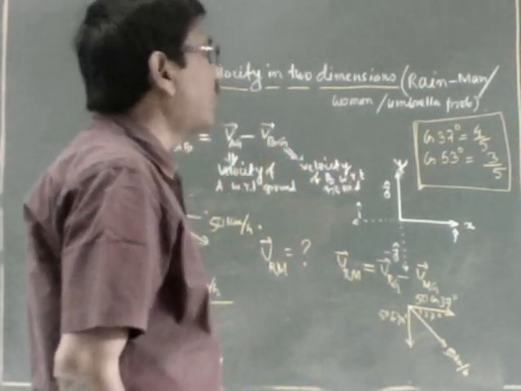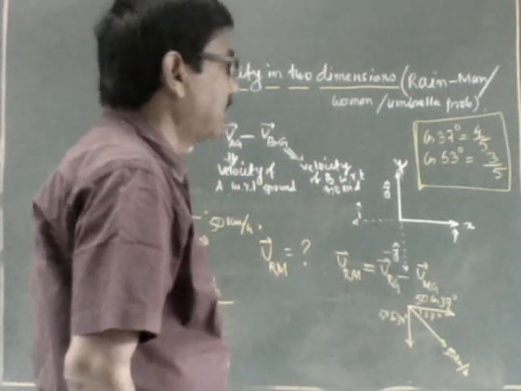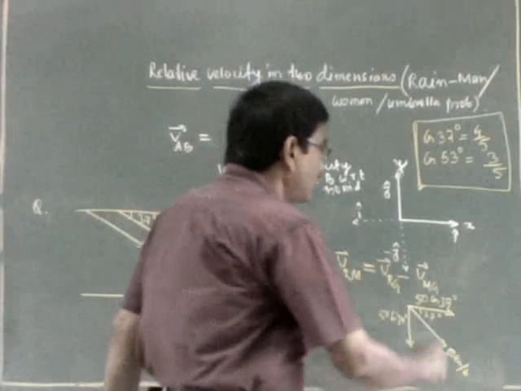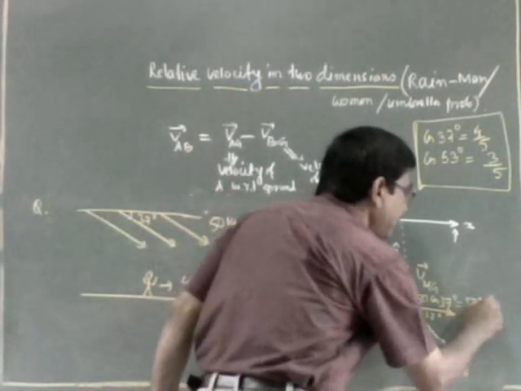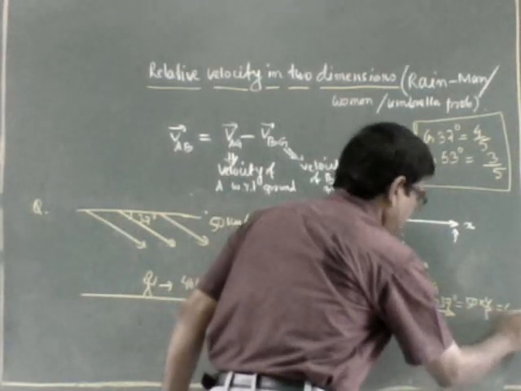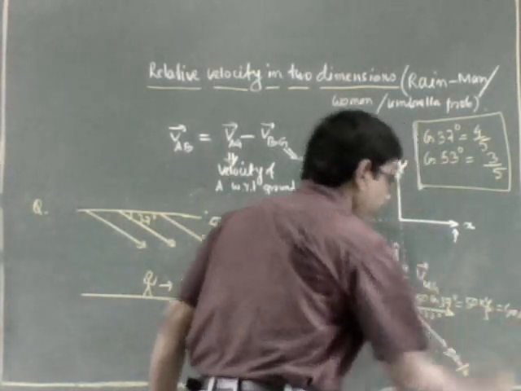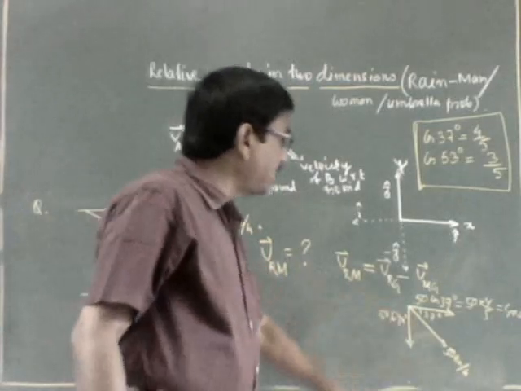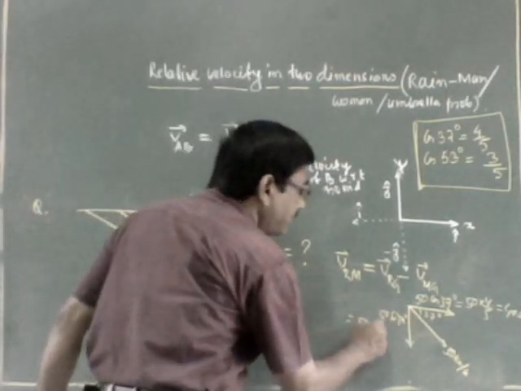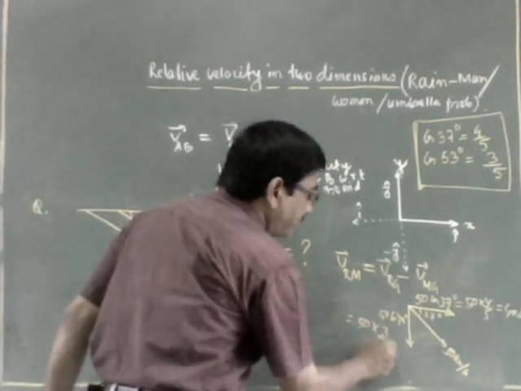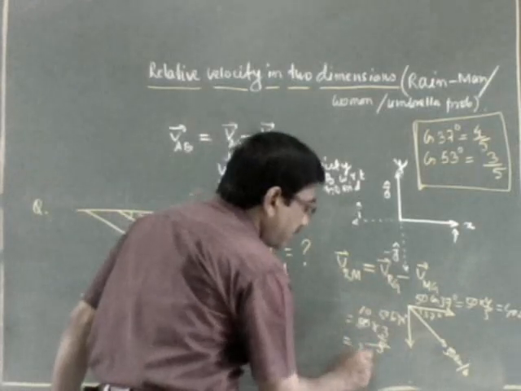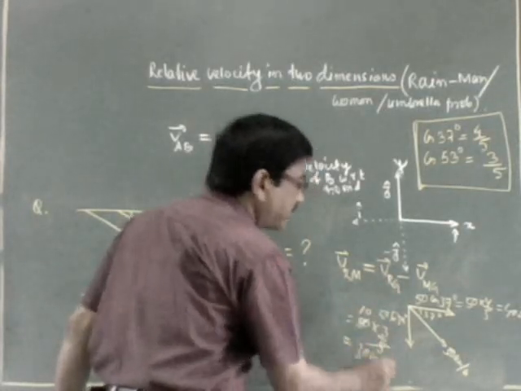Cos 37 is 4 by 5, so 50 into 4 by 5 is 40 km per hour.